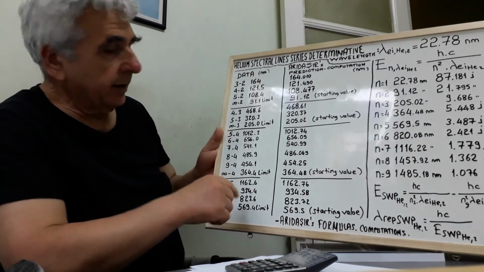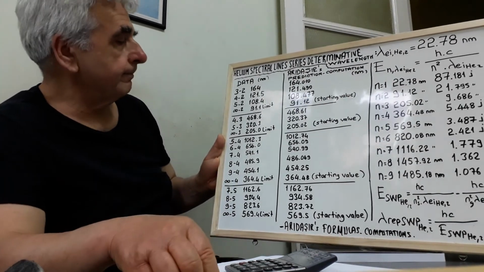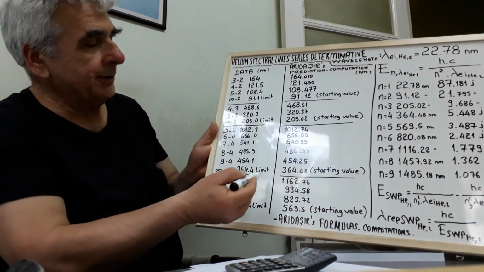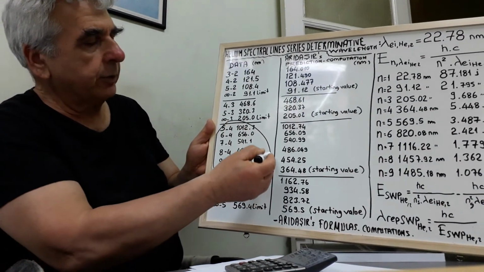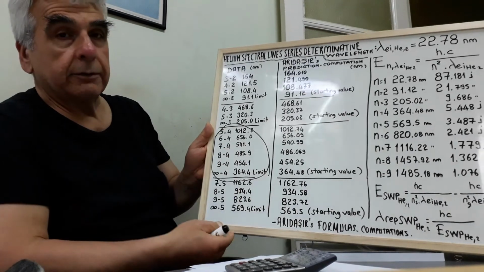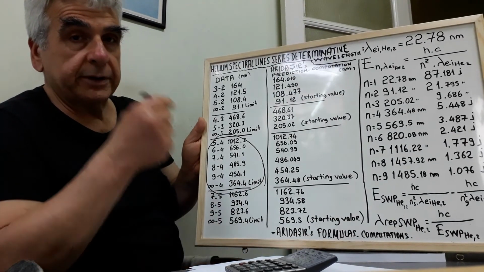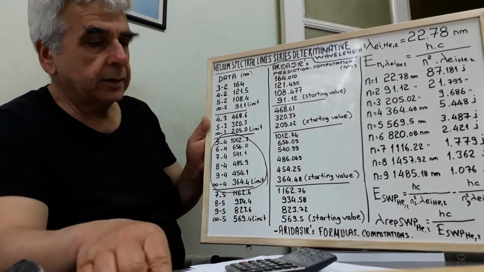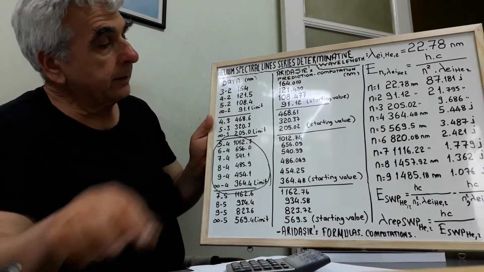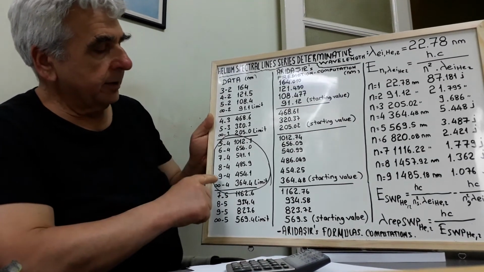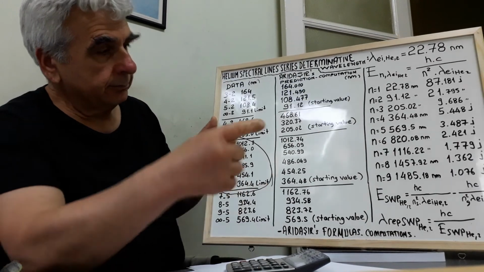For example, this is Pickering series. In my former video, I predicted it and told you. Now, say, from 9 to 4.